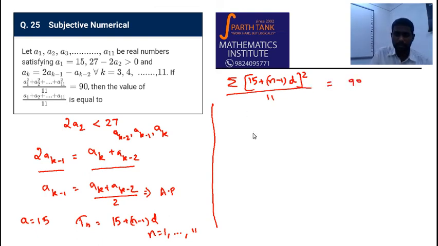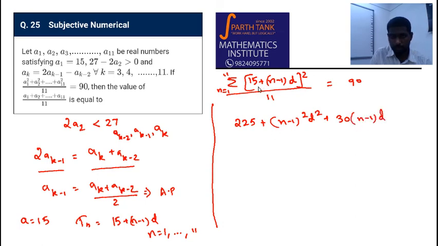So how can this be simplified? Of course, n goes from 1 to 11. See, this is 225 plus (n minus 1) squared d squared plus 30(n minus 1)d. a square plus b square plus 2ab, summation from 1 to 11 again.